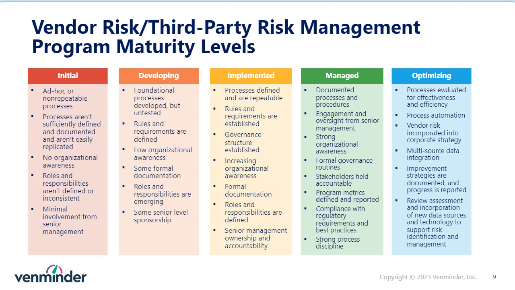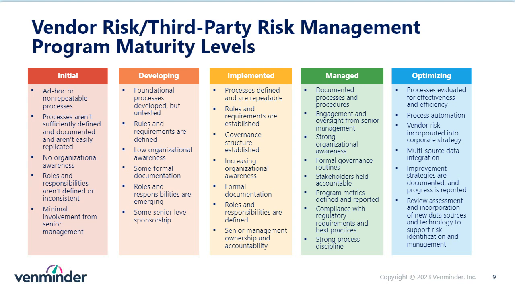At a minimal level, when we want to start thinking about maturity, we need to be at least in the implemented level where processes are defined, they're repeatable, we have good rules and requirements established, we have a good governance structure, there's enough organizational awareness to make it happen, we've got all that good documentation, and we have that support and ownership from senior leadership.